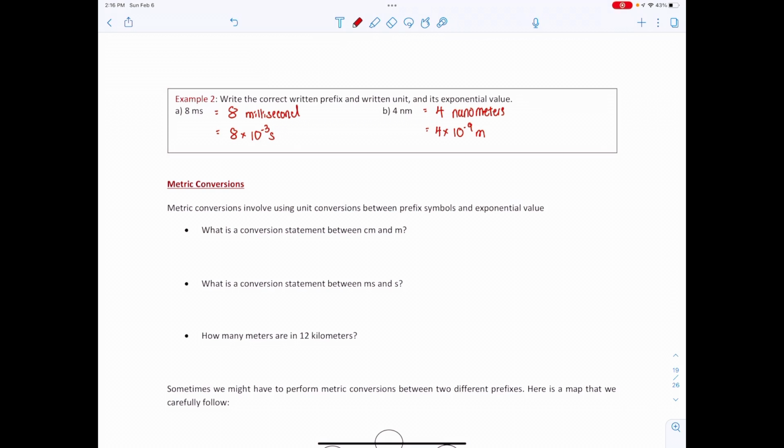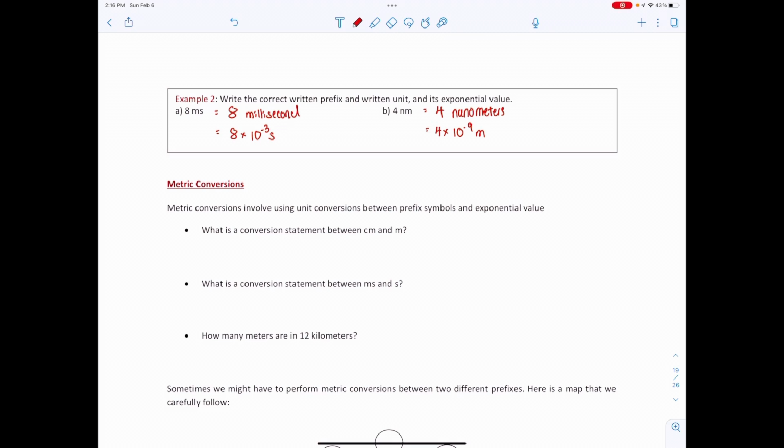Or I might be using different units, but I want to have a way to convert between one or the other, right? Let's say I measured the distance from my house to the school using meter sticks. Okay, let's say it takes a whole day lining up these meter sticks from my house to the school. But it might be easier for me to represent that number in kilometers. So after I measured it out in meters, I need to find a way to convert that to kilometers.